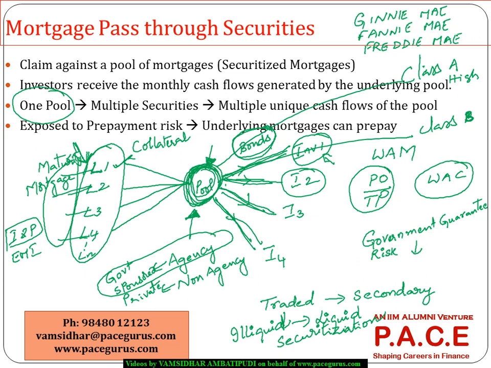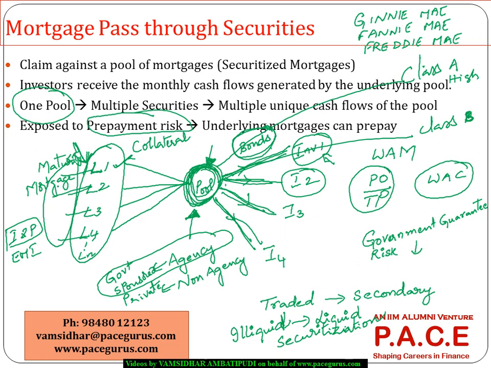And most of the time, with respect to mortgage pass-through securities, they are exposed heavily to prepayment risk because the underlying security for them is a pool of mortgages. So if prepayment happens on the underlying mortgage, the same is passed on to the investors of the mortgage pass-through securities.